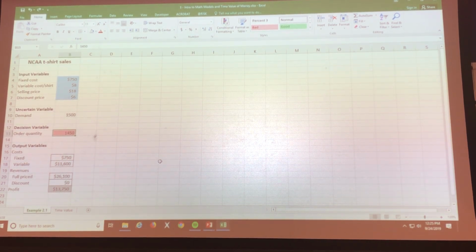Obviously I zeroed in on the 1,500, but if it could be anywhere from 1,000 to 1,800, then maybe it would be a good idea if I modeled this out, or did a little what-if on it. And so I'm going to do this 1,000 to 1,800 in increments of 100.